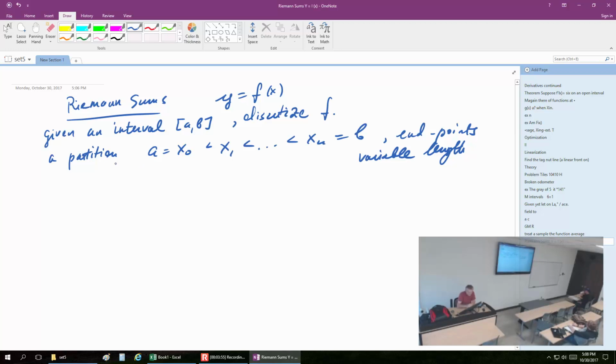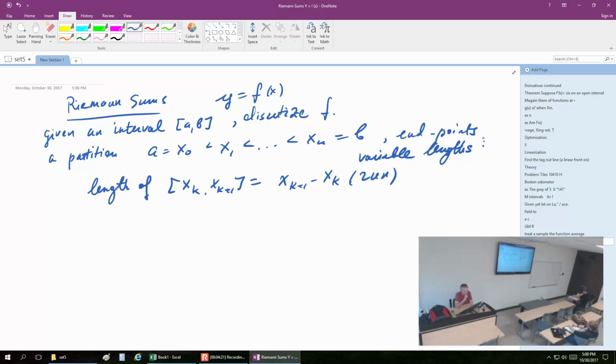So with variable length, the length of the interval from xk to xk plus 1 is naturally simply xk plus 1 minus xk. This will be the run. This is a run for each of these.